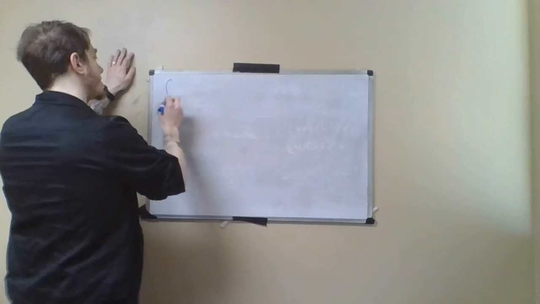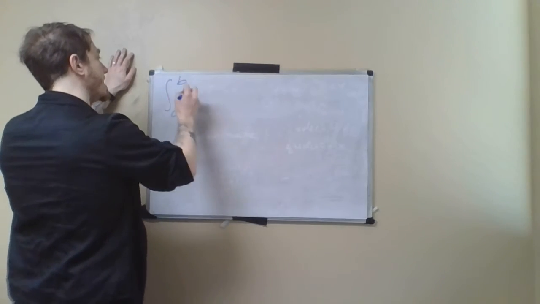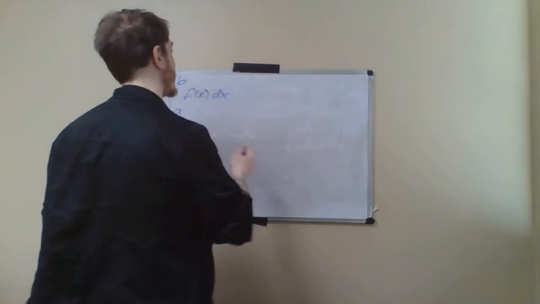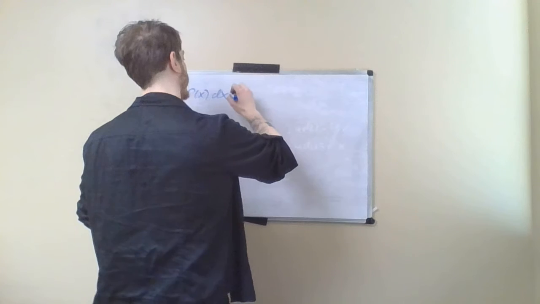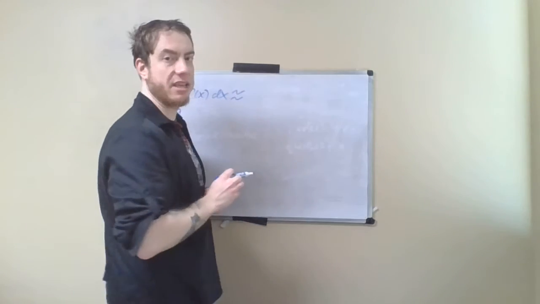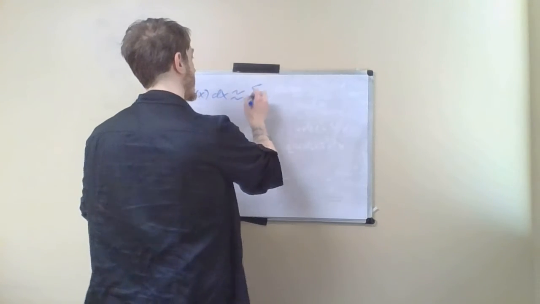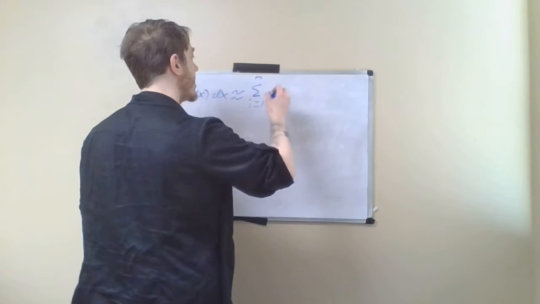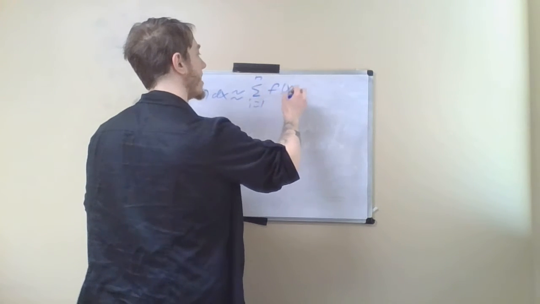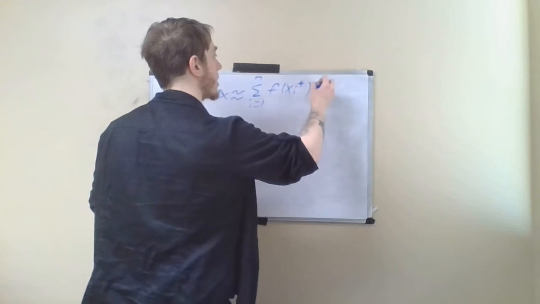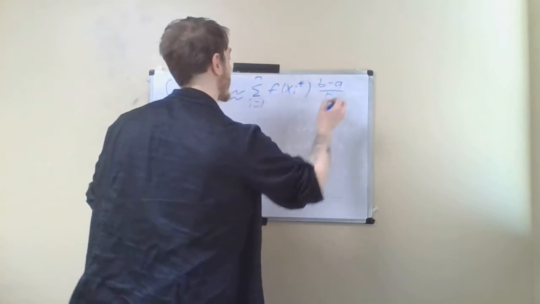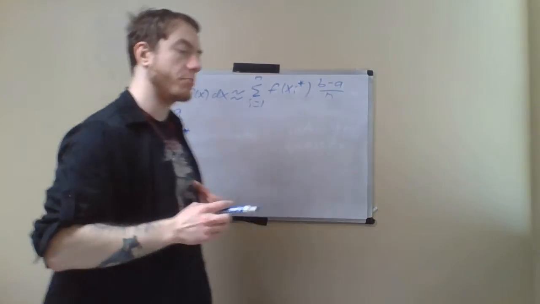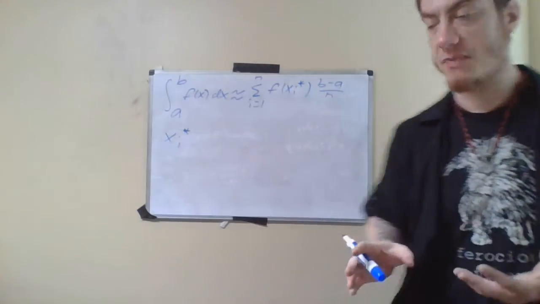So we can say the integral from a up to b of f of x dx is going to be approximately equal to the sum from i equals 1 up to n of f evaluated at x_i star times (b minus a) over n, where our x_i stars here are chosen to be the midpoints.